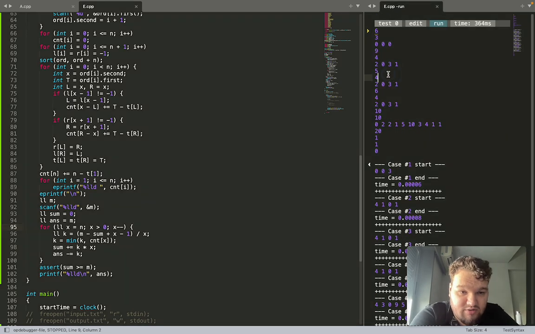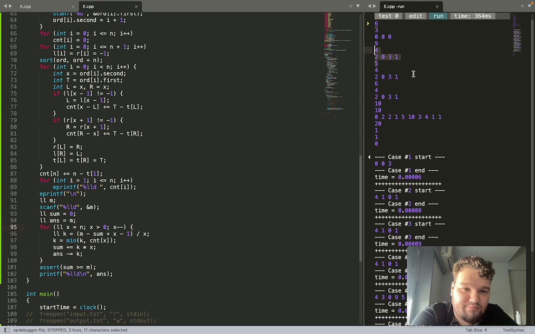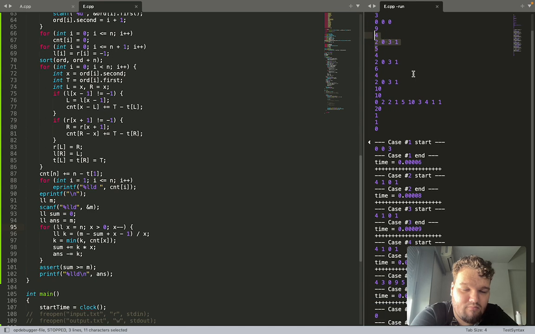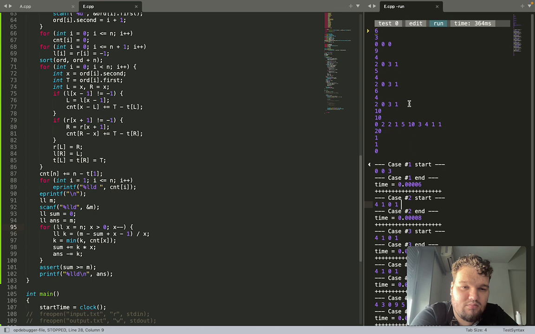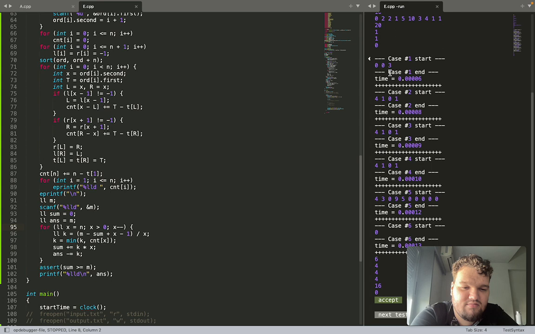Second is this one. One of length 4. They need 5. Should be 3.